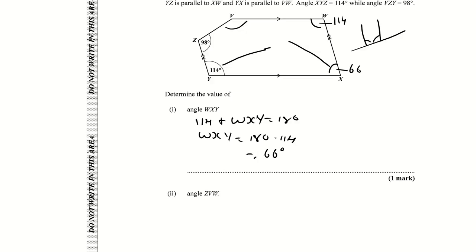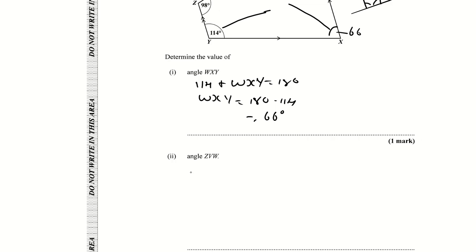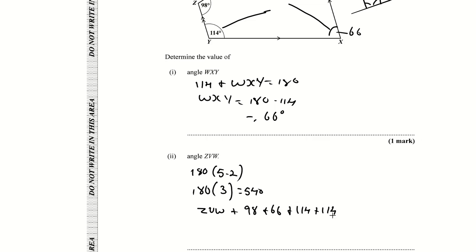The sum of interior angles for a 5-sided shape is 180 times 5 minus 2, which is 180 times 3, which is 540. So ZVW plus 98 plus 66 plus 114 plus the next 114 would give you 540.